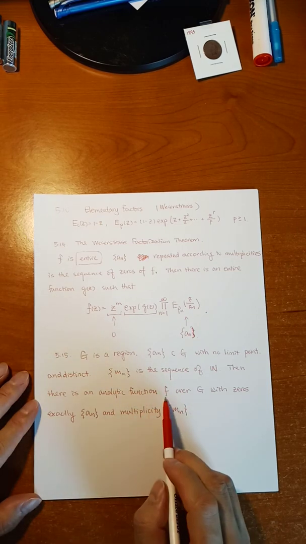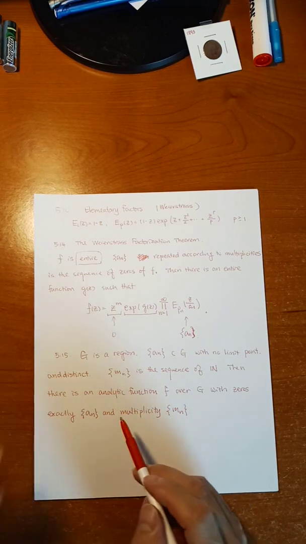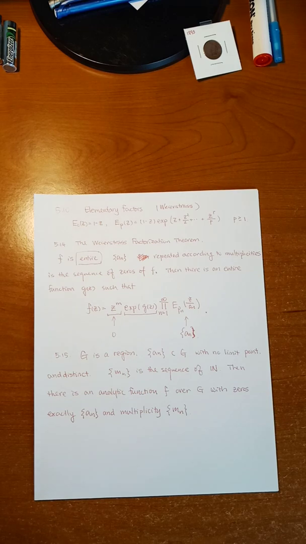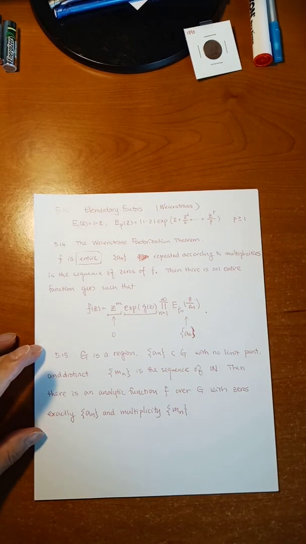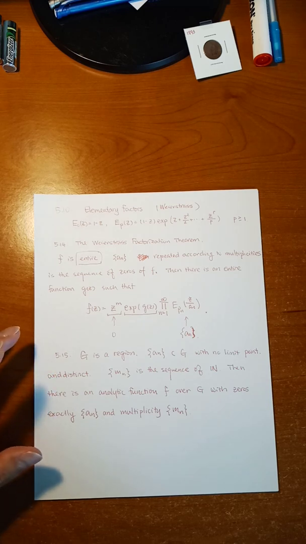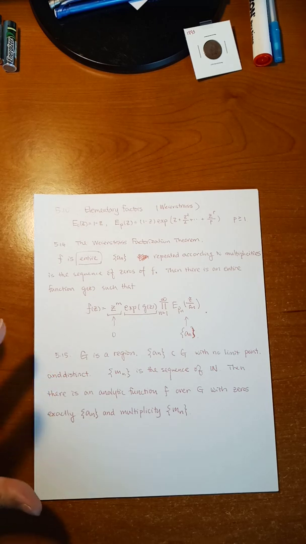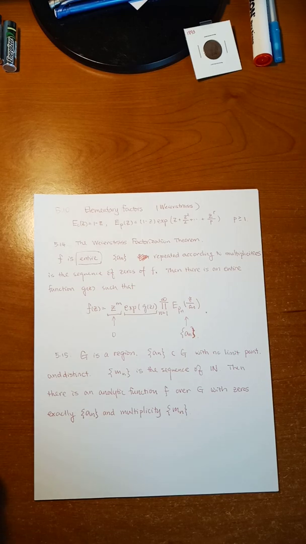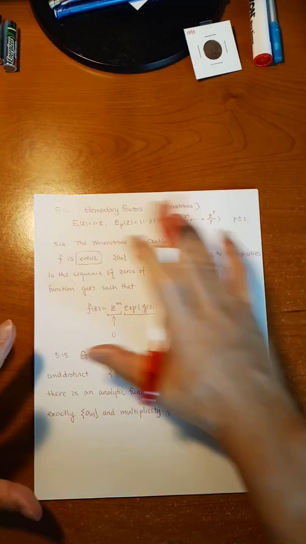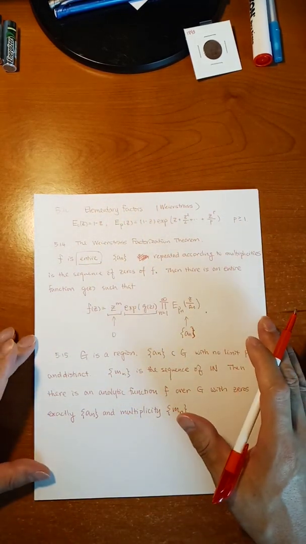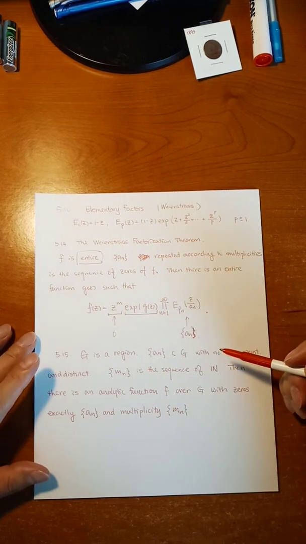So this analytic function has exactly the zeros a_n with exact multiplicity. So we can design analytic functions. The proof of Theorem 5.15 is long. You consider a special case and show that this special case is sufficient for the general case by a Mobius transformation. So this is the main theorem, or main result, of section 5.